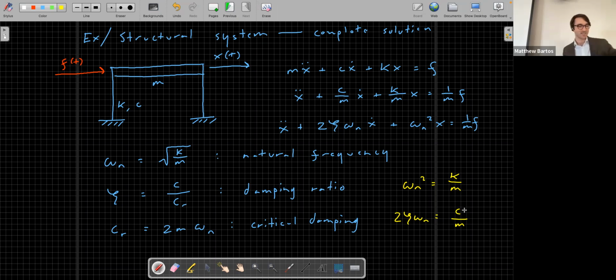Okay, great. So let's go ahead and compute the homogeneous solution. So we're going to compute the homogeneous solution and then the particular solution. We looked at this system previously, but we only computed the homogeneous solution for the case with an initial displacement, but no initial velocity. So we're going to compute the general case here.